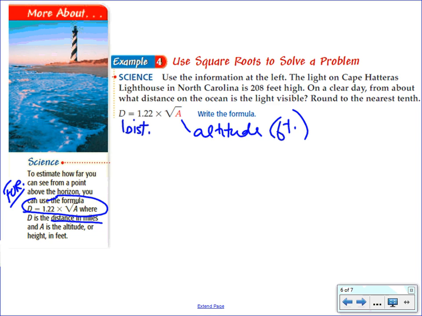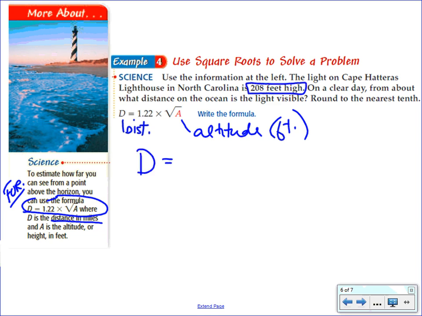Okay. So what do we know from this problem? We know that the altitude or the height is 208 feet.